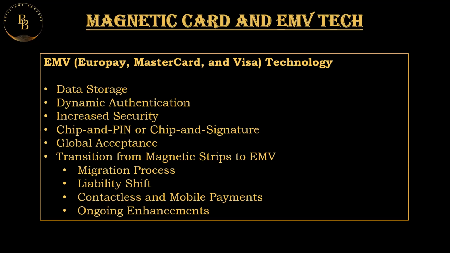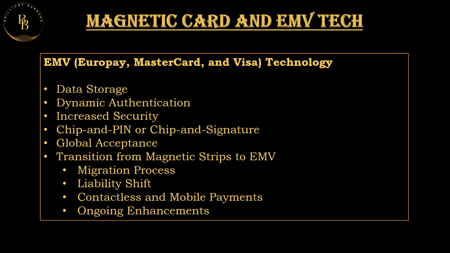So, in whole, we can summarize that while magnetic strip technology is still in use, EMV technology represents the most secure and advanced option for payment cards, especially in regions where its adoption is widespread. The shift to EMV cards provides better protection against various forms of card fraud, contributing to a safer and more secure payment environment.